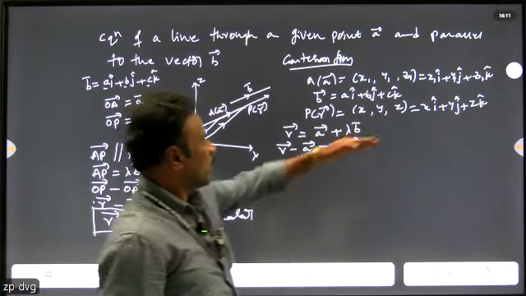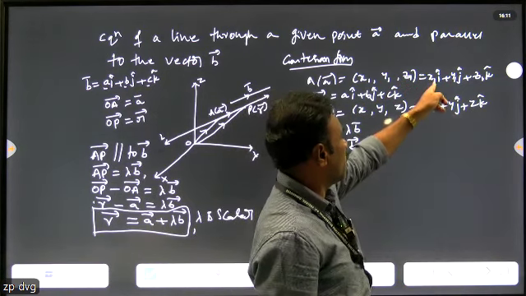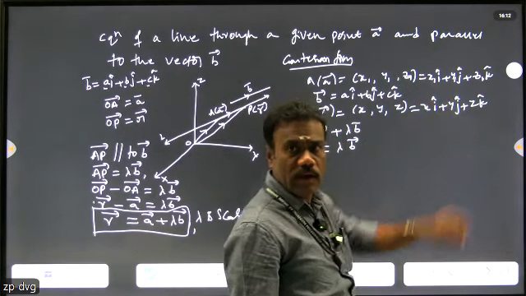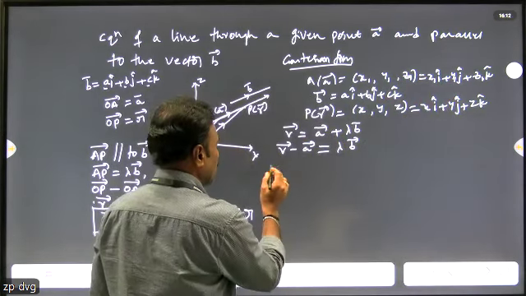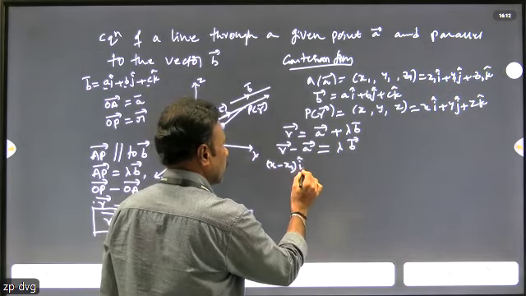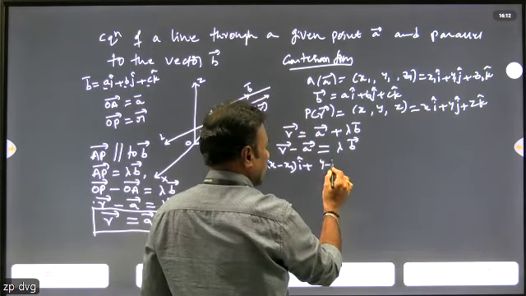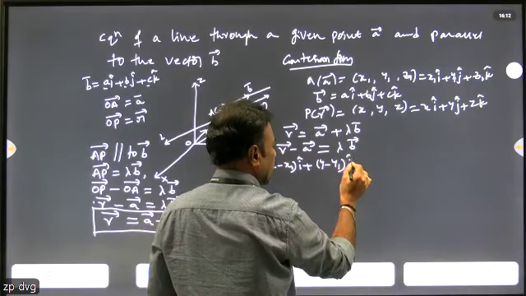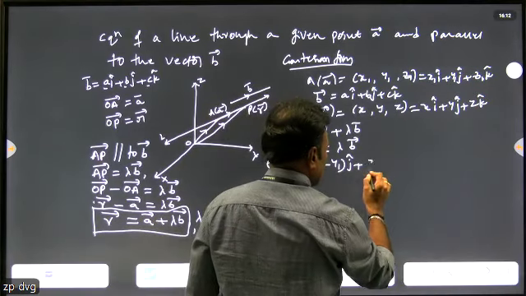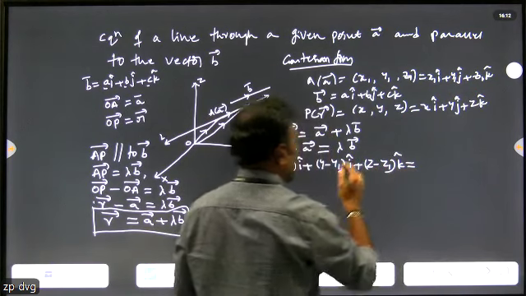Then if you subtract, taking i cap as common, you get (x minus x1) i cap plus (y minus y1) j cap plus (z minus z1) k cap, equal to lambda B bar.